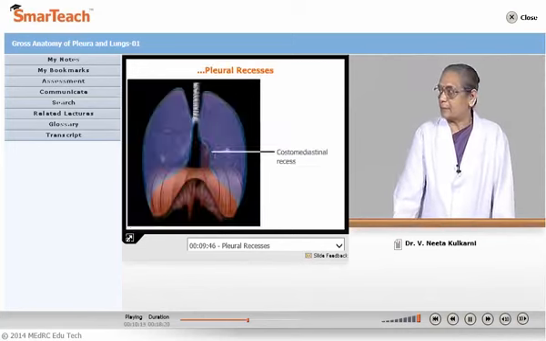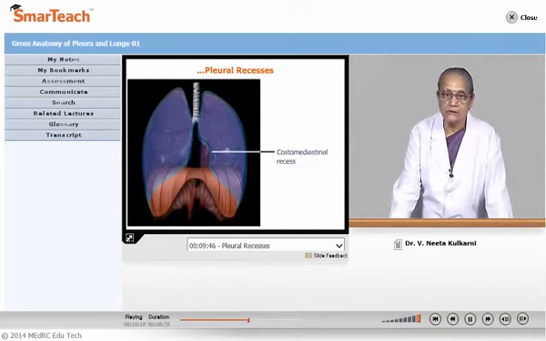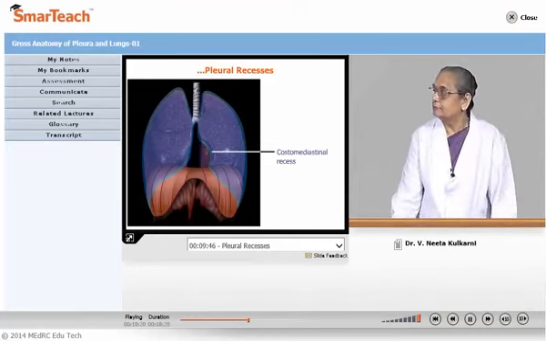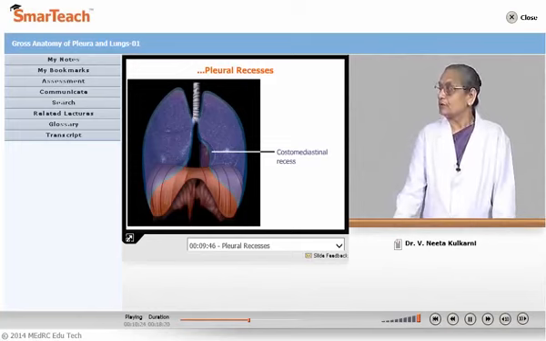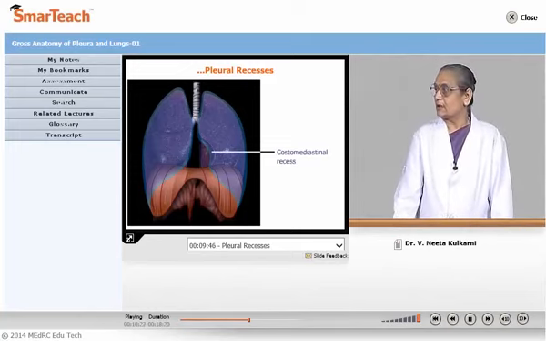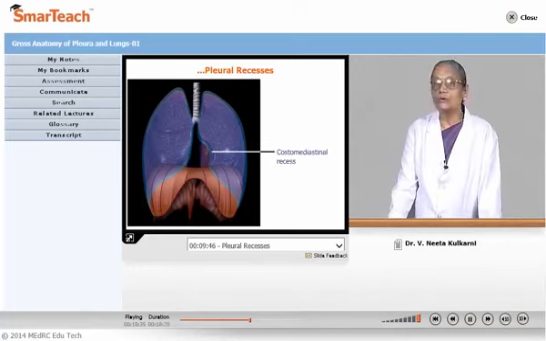Now there are two recesses, one is called the costomediastinal recess and the other one is called the costodiaphragmatic recess. Now the costomediastinal recesses are present along the costomediastinal lines of pleural reflection, that is along the anterior margins of the lung. The anterior margins of the lungs do not coincide with the mediastinal lines of pleural reflection.